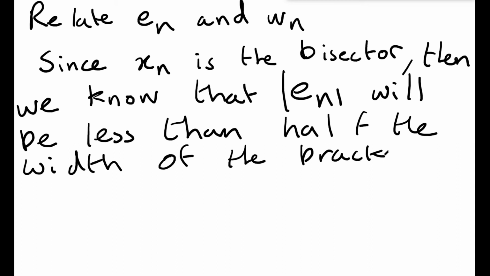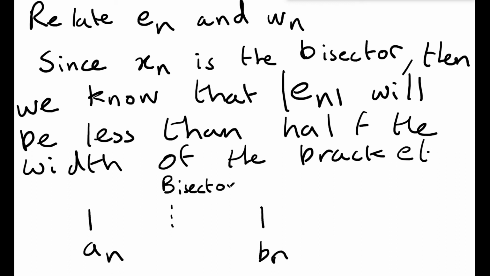A little diagram will be very helpful here. At any point in our convergence method, we have a_n and b_n, and then we have our bisector, which we call c_n, but we also call x_n for our argument here. Say the root lives in the left-hand part of the bracket.